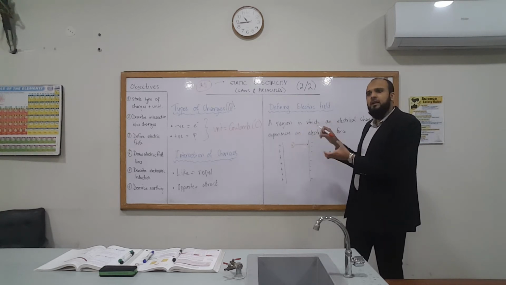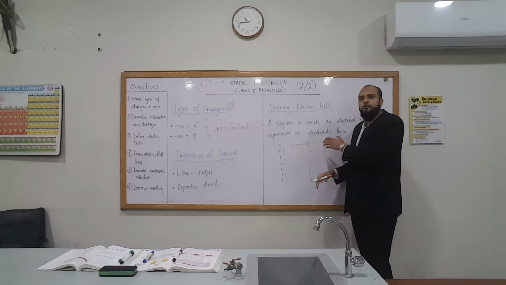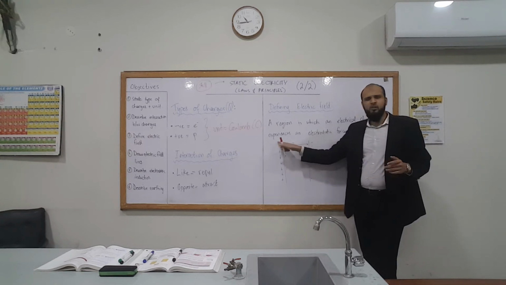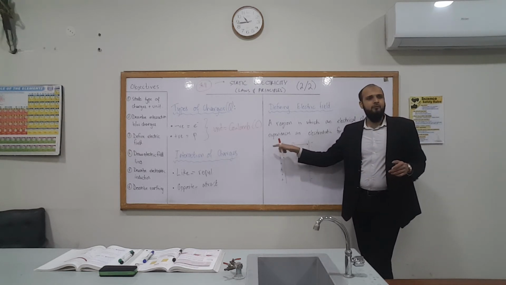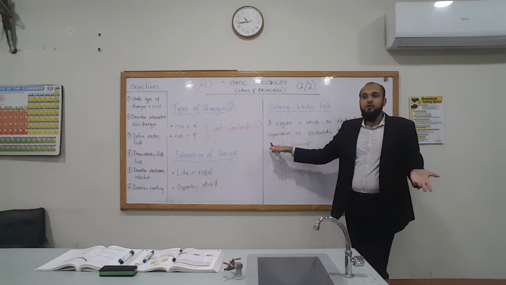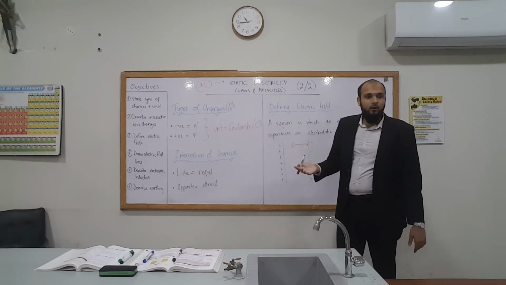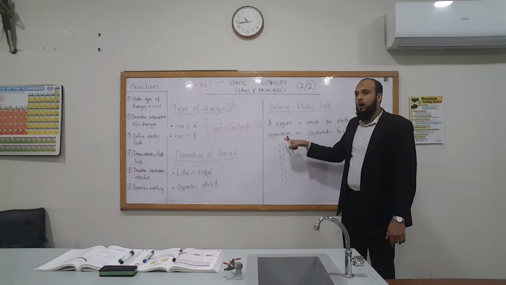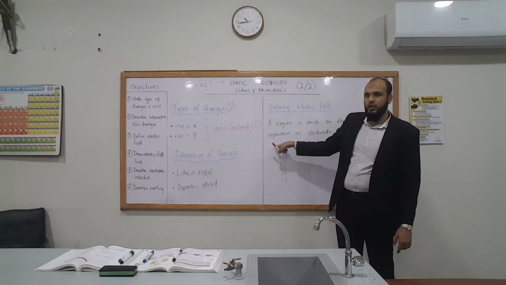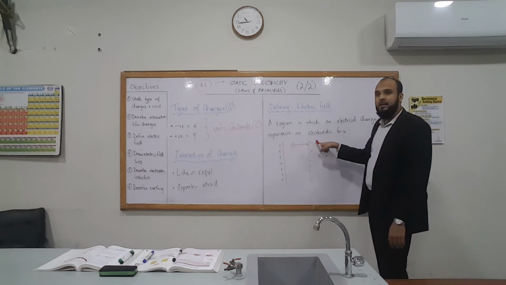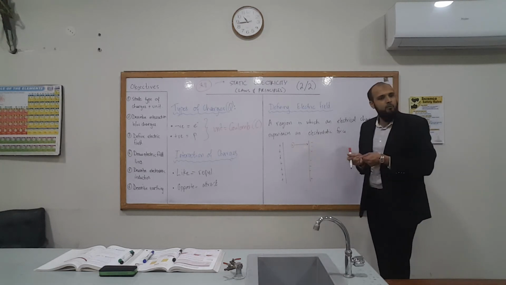It's experiencing a force of attraction from the right. And is it also experiencing anything from the left? It's being repelled. Yes, very good, because it's pushing the thing away. So from one end, it's feeling a repulsion, a pushing, and from the other end, it's feeling an attraction, a pulling.